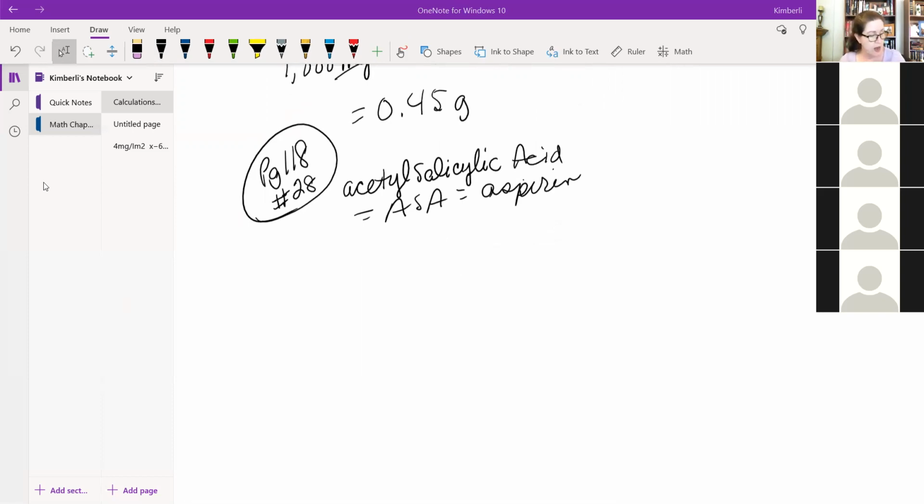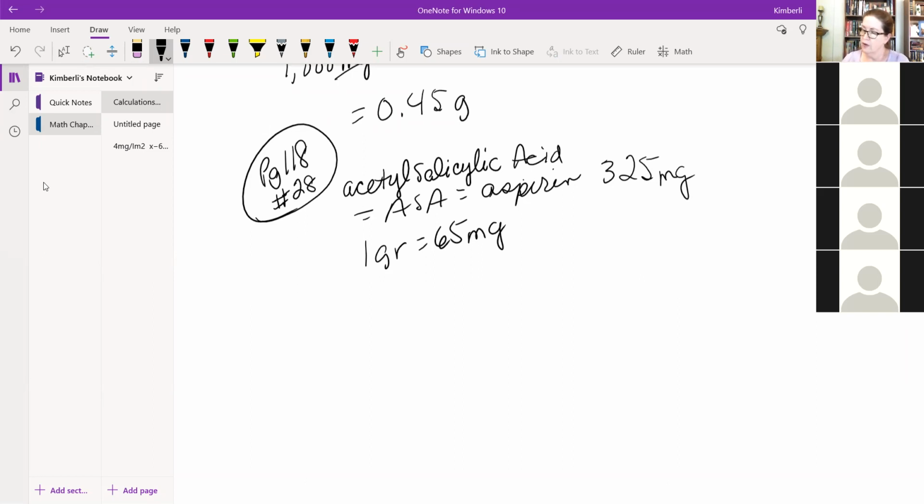Okay, so for aspirin, what are we using for a conversion factor? 65, I think, for the grain. Yes, 65 milligrams per grain. And it says that they're ordering 325 milligrams of aspirin, right?